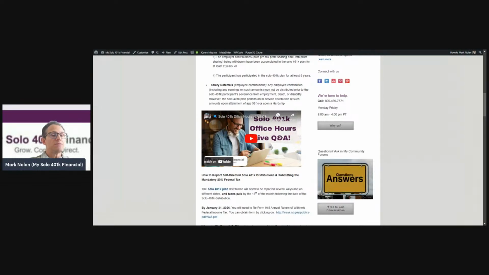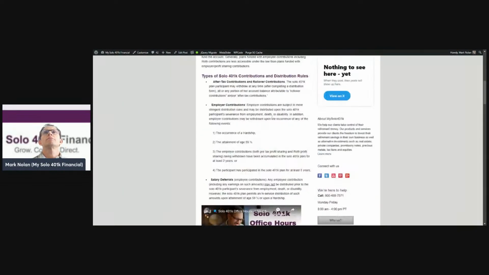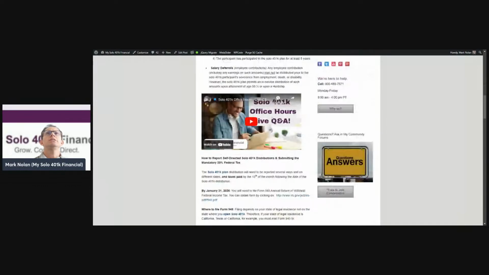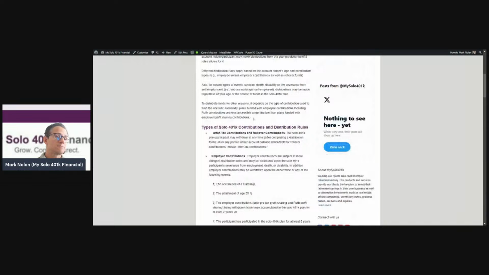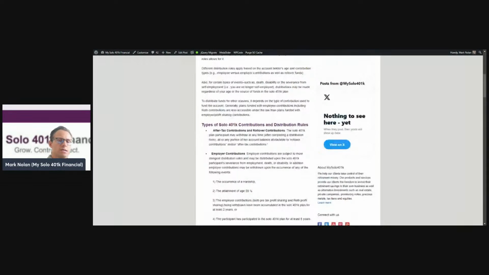Now, if you transfer pre-tax IRA funds and pre-tax former employer plan funds to the solo 401k plan, however, those can be distributed at any time. So let's say, for example, that you're age 49 and you open the solo 401k plan and you transfer your traditional IRA to the solo 401k plan.